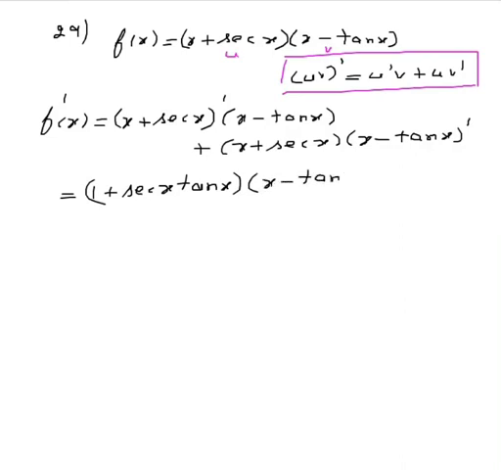times x minus tan x, plus the second term is x plus secant x times derivative of x is 1 and derivative of tan x is secant square x. 1 minus secant square x is minus tan square x.